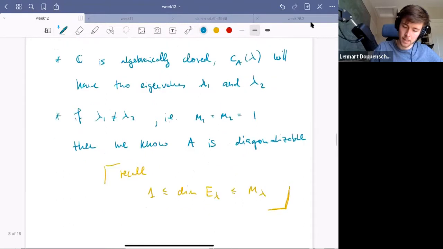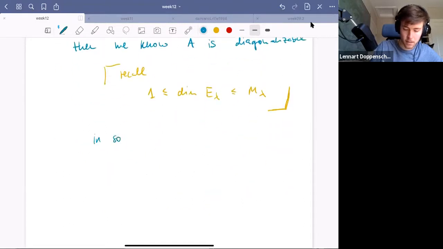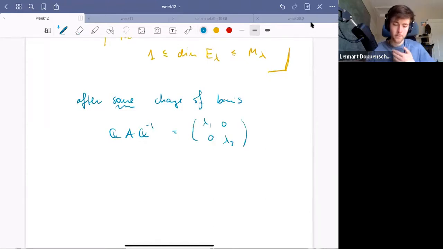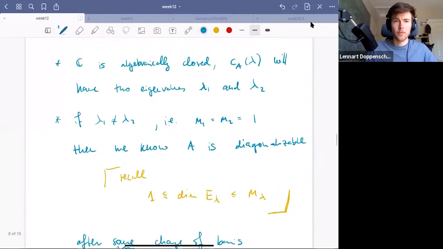So in some basis, or after some change of basis, given by multiplying A with some change of basis matrix, this will be equal to diag(lambda 1, lambda 2). Any questions about this first case?